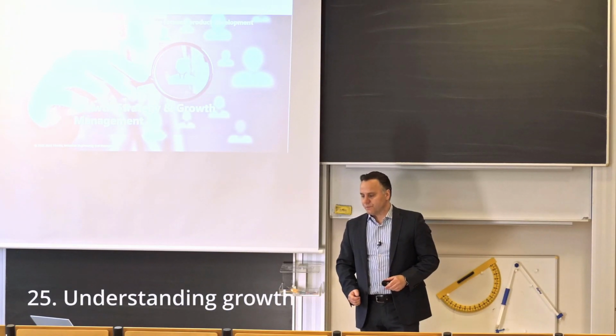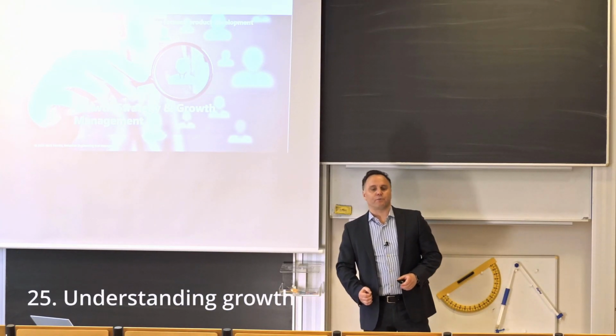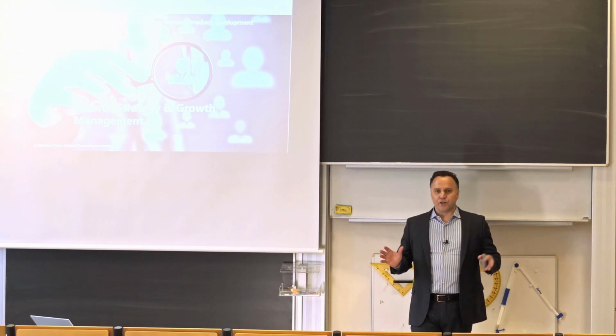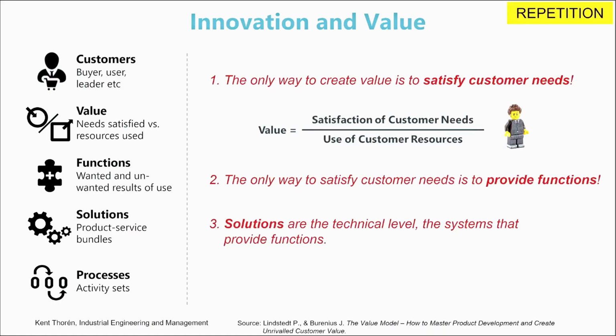So we will be exploiting all the learnings that we had so far about engineering value, and we can apply technology, processes and such into delivering the functions that create value.